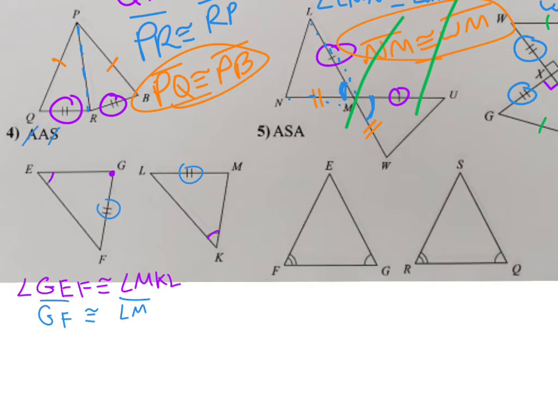So I need one more angle. I know I need another angle. And really I need an angle that's going to put it next to, and actually in this one, it really doesn't matter which angle you pick.